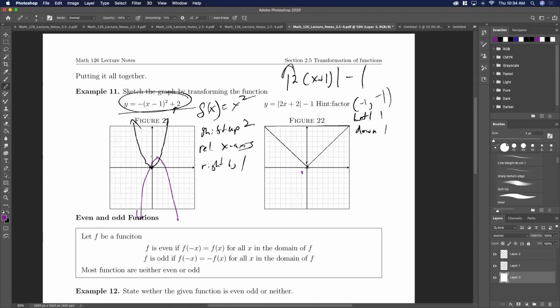So it goes to here, and then to here, and then to here, and then to here. And so that's what we've done to it.